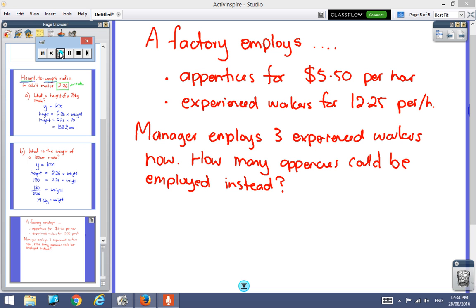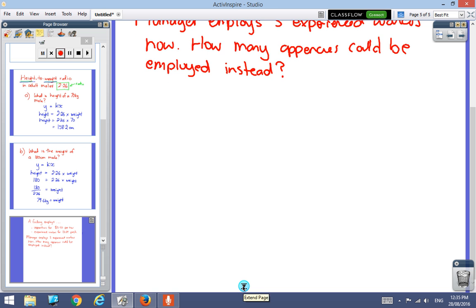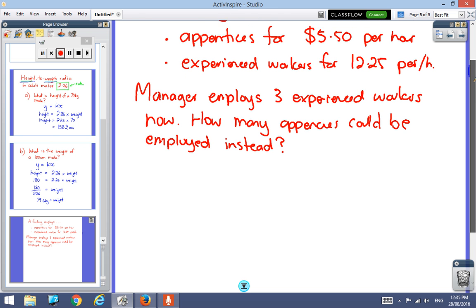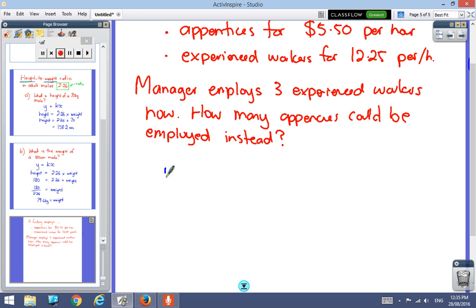So just don't get confused with them thinking that these are going to be intertwined until a bit later on. The manager employs 3 experienced workers now. How many apprentices could be employed instead for the same amount of money? Now as I just said, don't get confused. We can bring them together in a minute, but we can do that later.